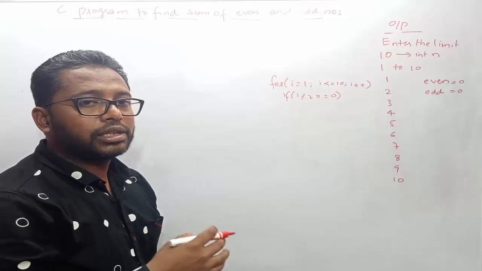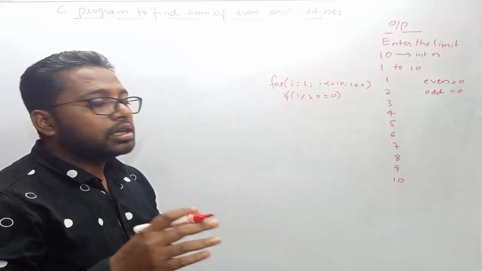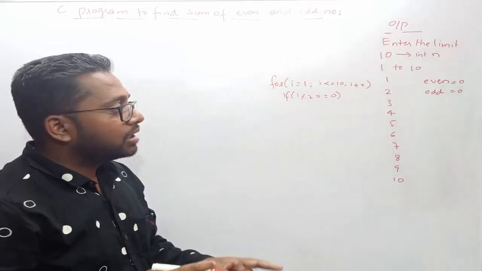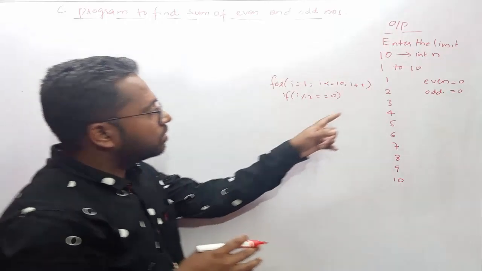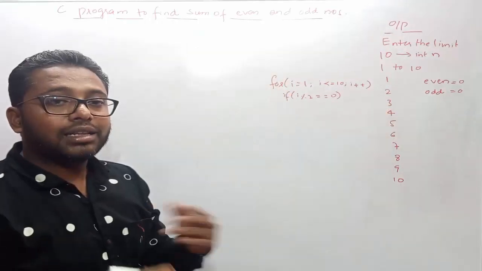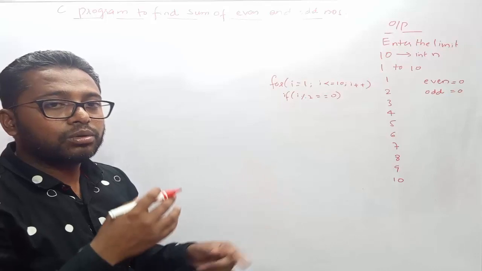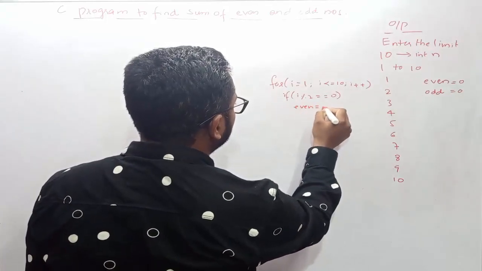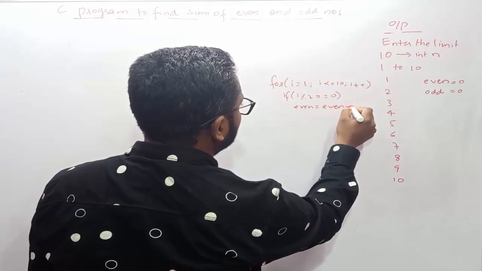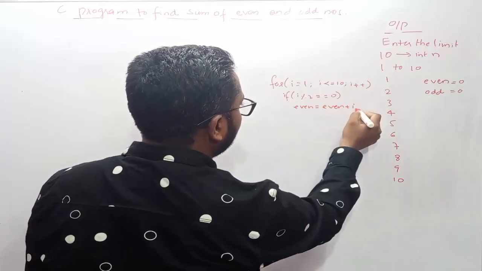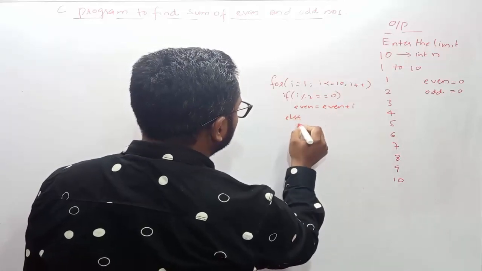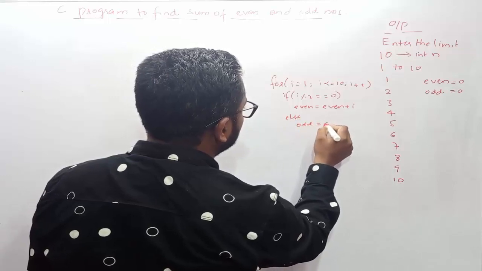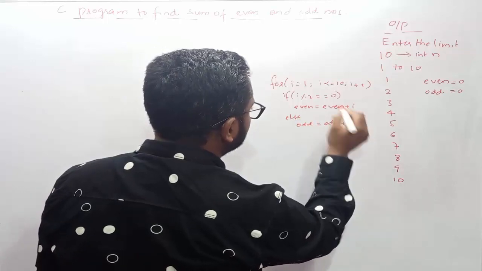In this operation I will be getting the remainder. So if I am getting the remainder, then I should add that number to odd, otherwise I should add that number to even. So even equals even plus i, else odd equals odd plus i.